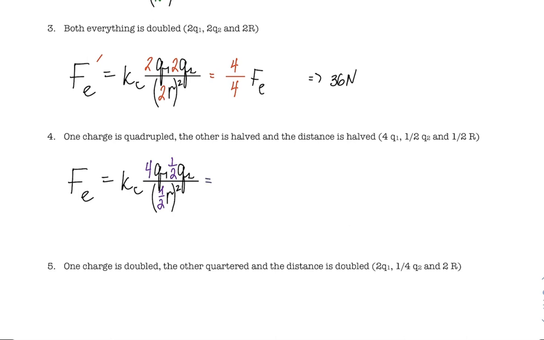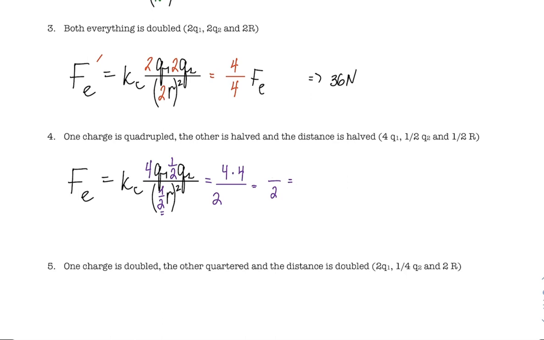So I'm going to look just at my numbers. 4, 1/2. So I'm going to put 2 down here. This 2 right here is squared and it goes upstairs, so it's going to be 4 up here. So that gives me 8 over 2. Sorry, not 8, 16.